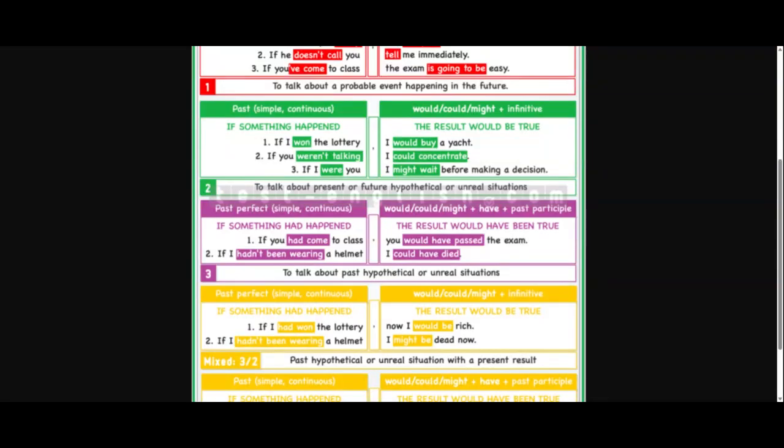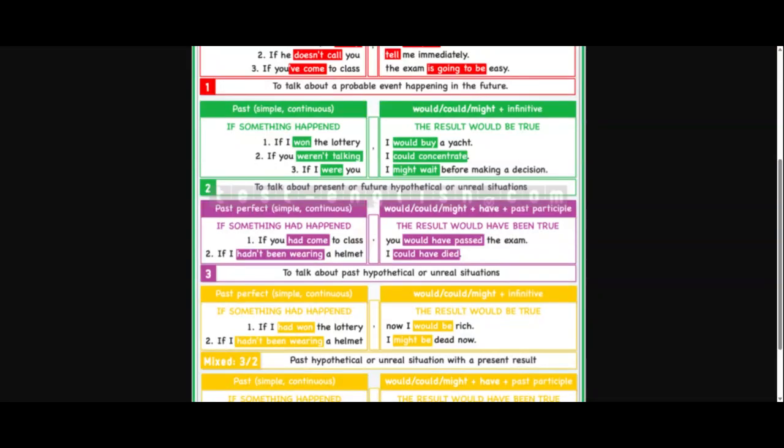This conditional refers to hypothetical situations that could have led to hypothetical results. Okay, hypothetical situations in the past that could have led to hypothetical results in the past. In Spanish: situaciones hipotéticas en el pasado que hubieran podido llevar a resultados hipotéticos en el pasado.